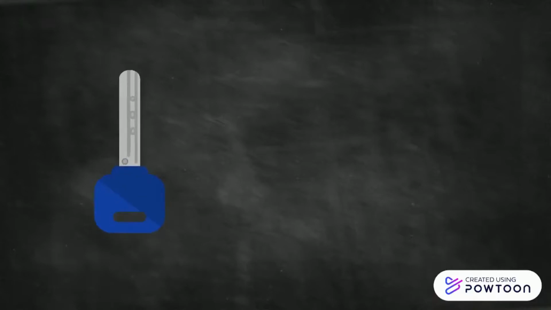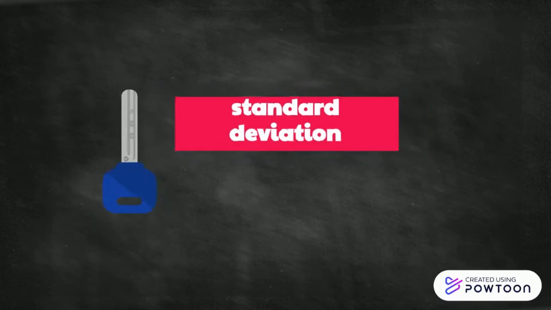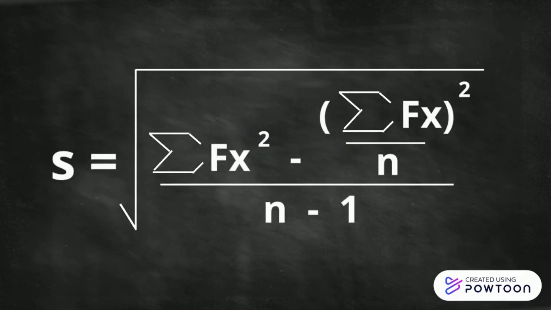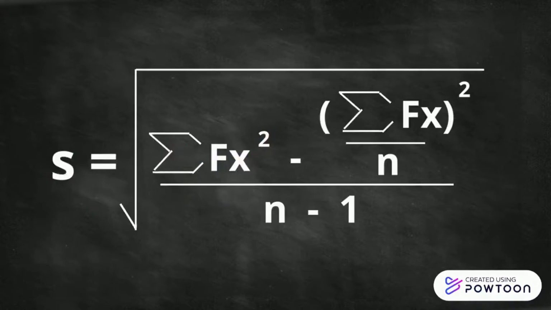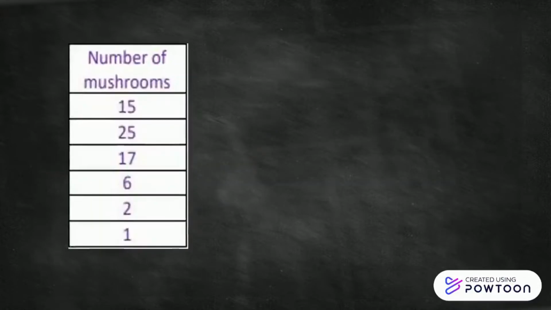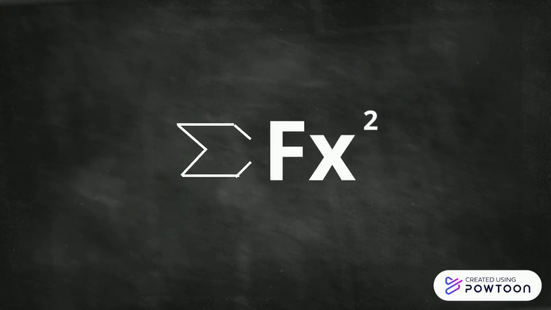Key number 2 is the key to find the standard deviation. Here is the formula. Looks complicated, right? But don't worry, I got you. Previously, we already know what is f, x, and n. In this case, we only need to add one thing, which is sum of fx squared.